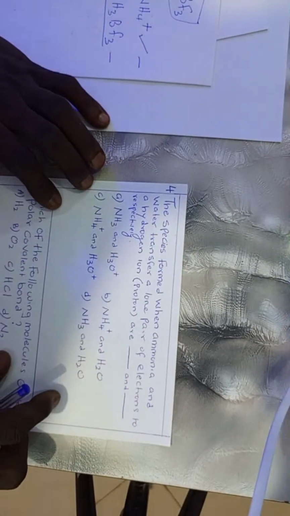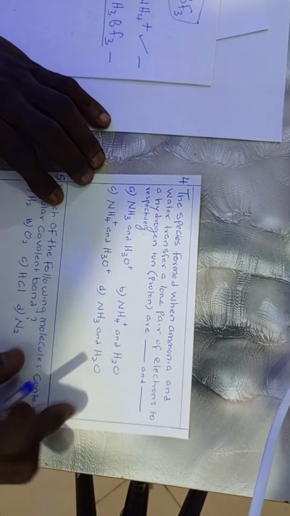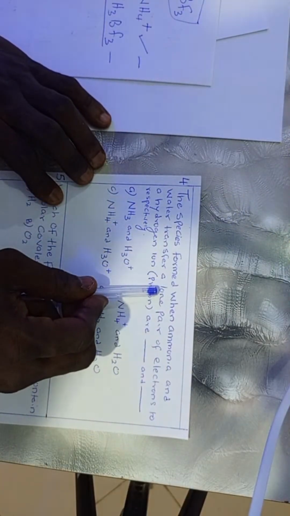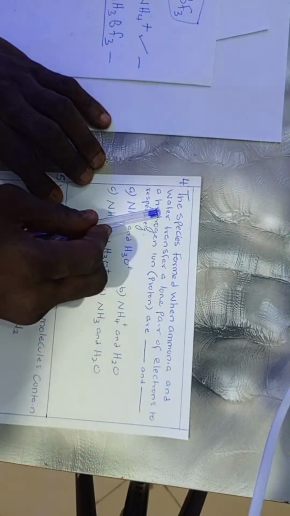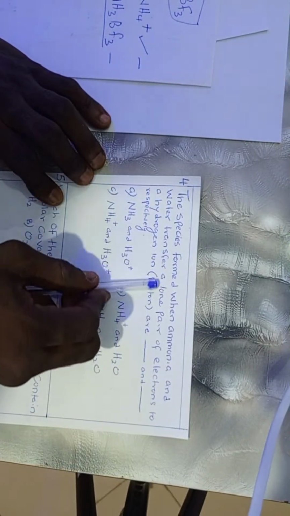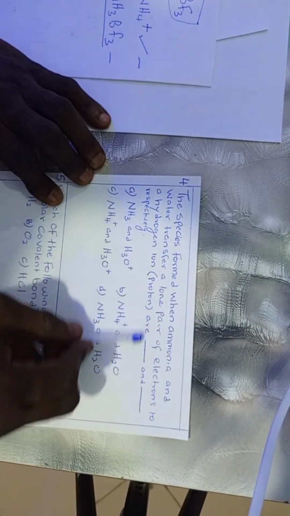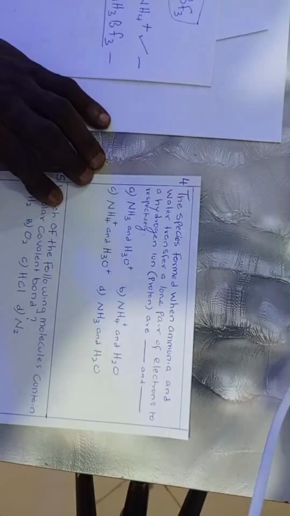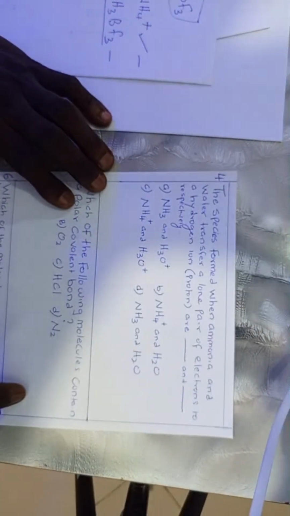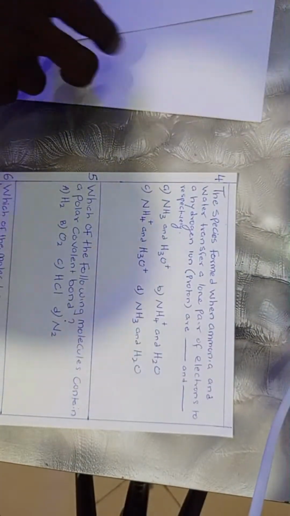For question number 4, we have: the species formed when ammonia and water transfer a lone pair of electrons to a hydrogen ion are R and R respectively. So I would like us to understand this problem before we answer.